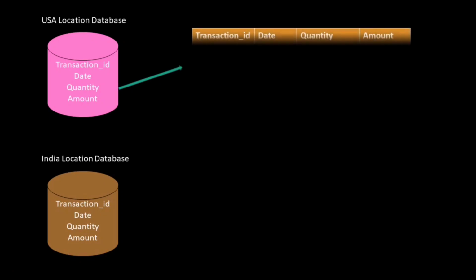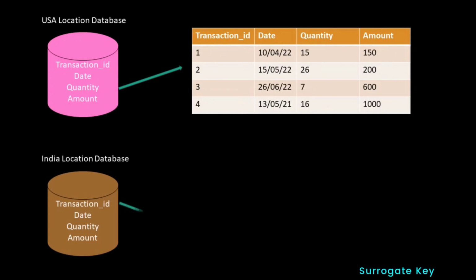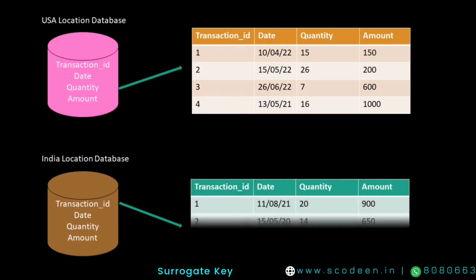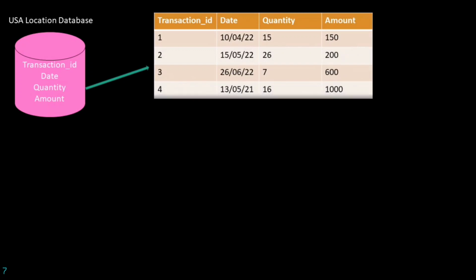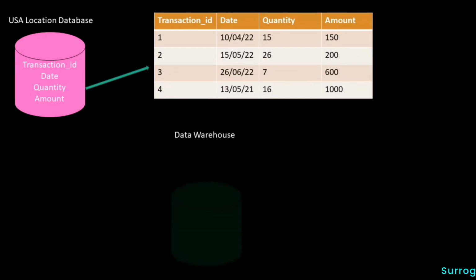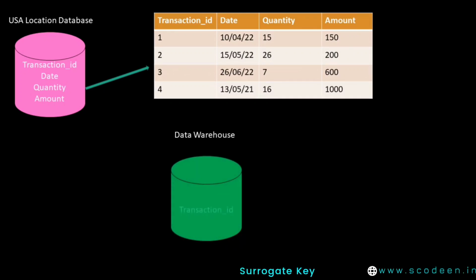Observe here the transaction ID in both the source systems. It is absolutely the same. Now observe source system 1, that is the US location database data. Its transaction ID is 1, 2, 3, 4. So whenever we upload this data into the warehouse, the data will be uploaded successfully.